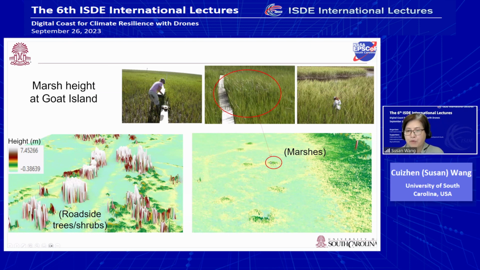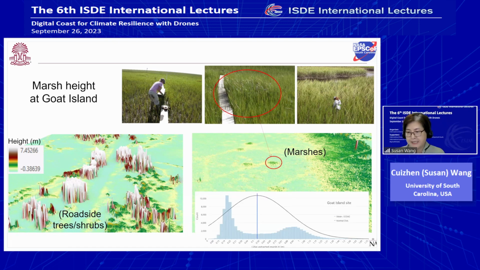The walkboard is clear, as you can see from the high marsh field, and for the low marsh close to the tidal water, the vegetation again is much higher. In this Good Island study area, the marsh height has 2 modes, 2 peaks here. Again, I feel that's a very good indication of the high marsh with the low plants.